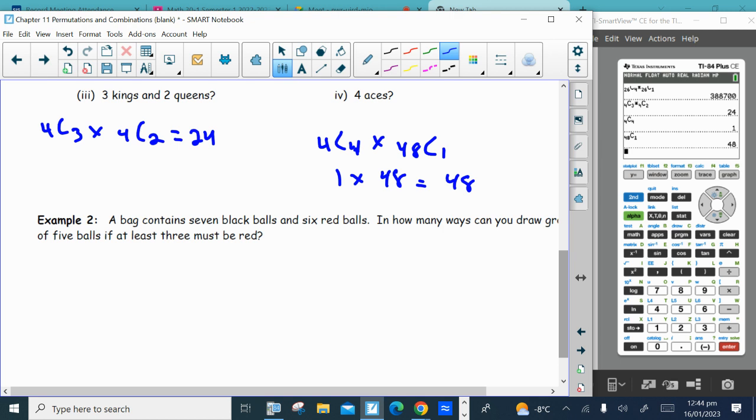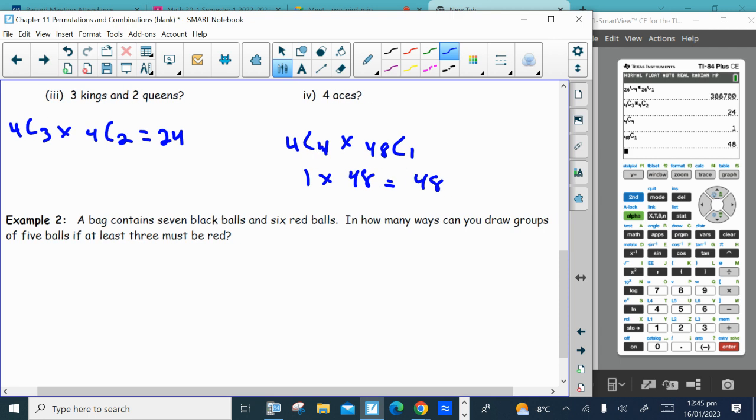A bag contains 7 black balls, 6 red balls. How many ways can you draw groups of 5 balls if at least 3 must be red? So at least 3. So you're going to collect 5 altogether, and at least 3 of them must be red. So if we write down the different scenarios that are possible here, you could have 3 red, and that means 2 black, because you're only drawing 5.